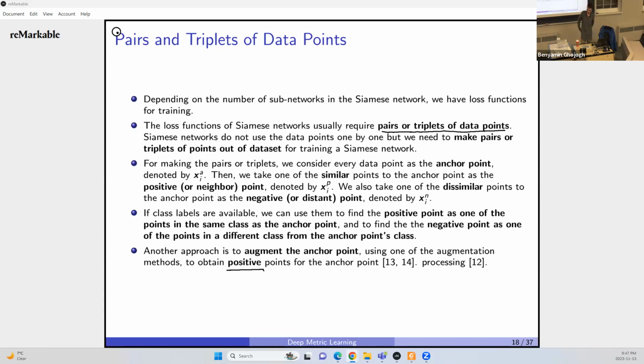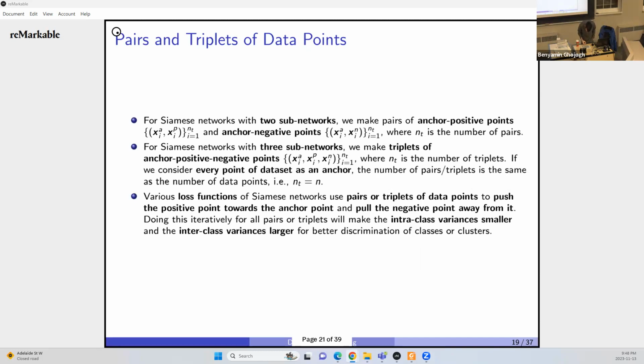So in other words, the hard case is farthest positive, nearest negative. The other way around, the easiest is nearest positive, farthest negative. We can have several cases. For example, we can let positive be random, but negative be hard. So we have triplet mining methods. I also have a paper on that. You can see that.